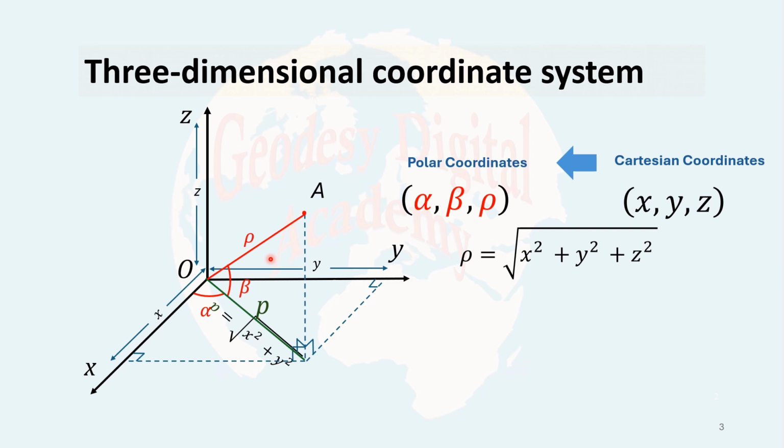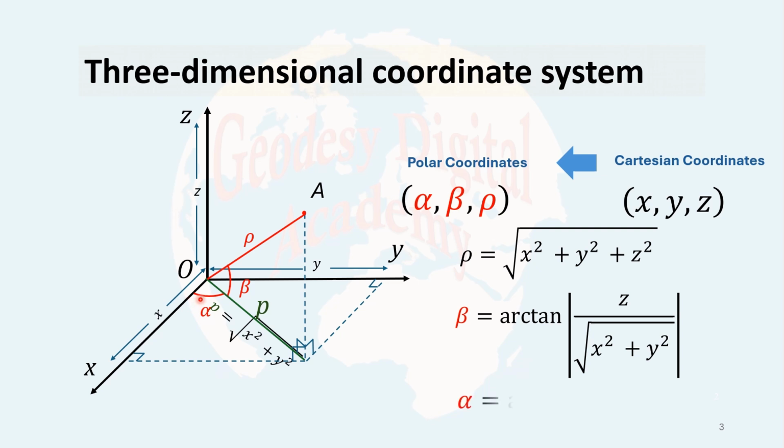So in order to obtain beta, I have the P side and I have zeta. I know how much I have come down. The tangent of this beta is the side in front of the angle over the side which is next to it. Then you get beta here. And alpha can be determined similarly.